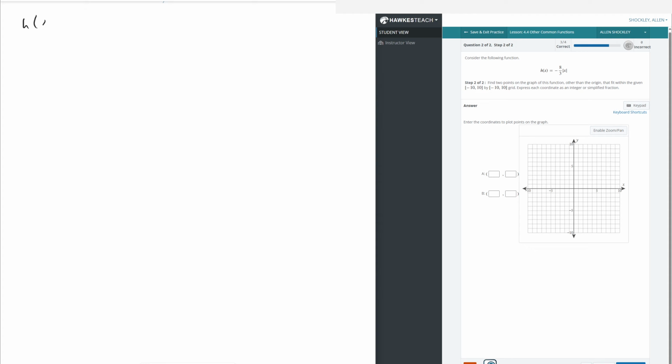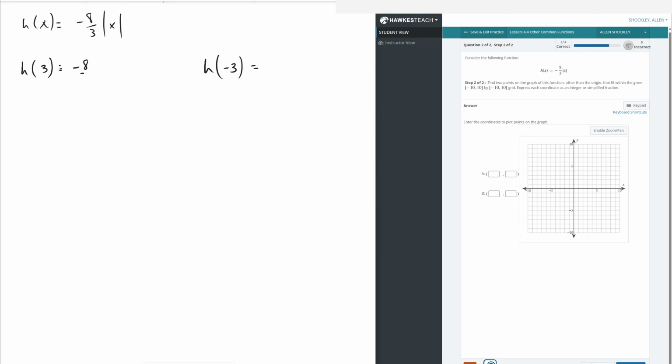So we have h of x equaling negative 8 over 3 times the absolute value of x. To make this easy on ourselves, I think we're going to do h of 3 and h of negative 3.